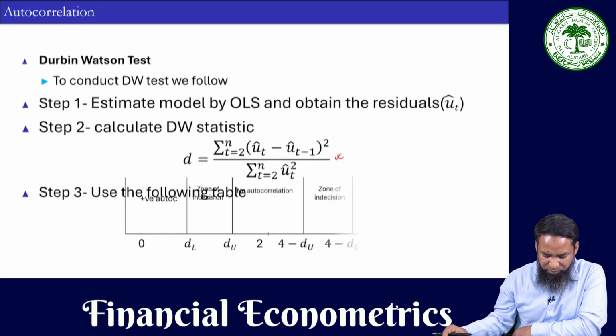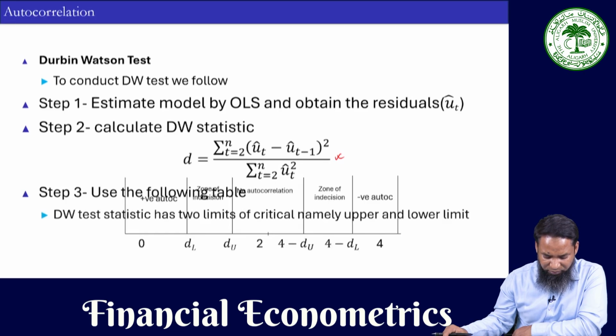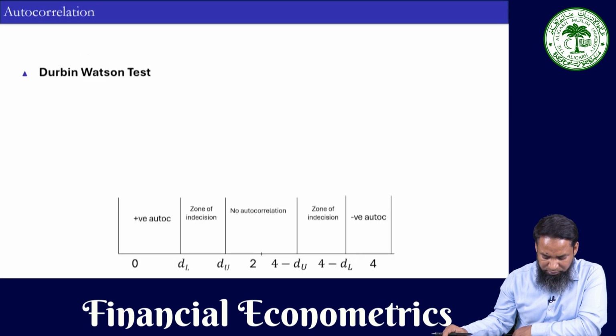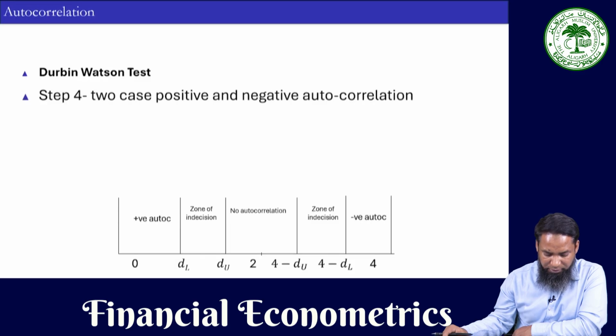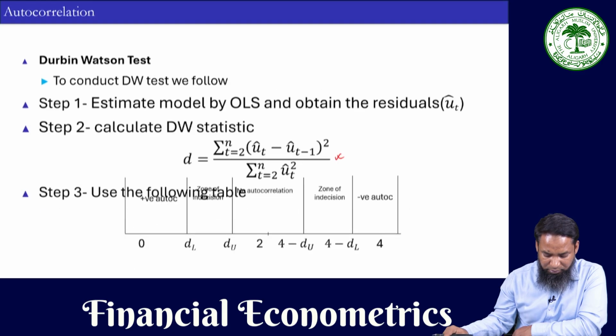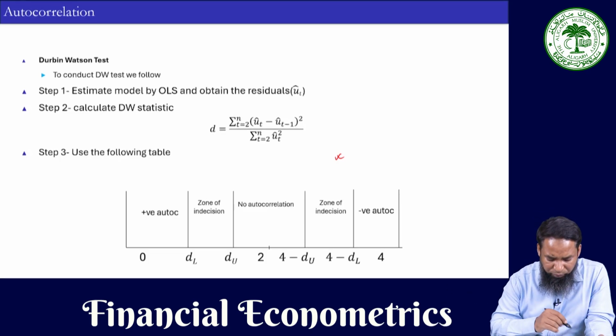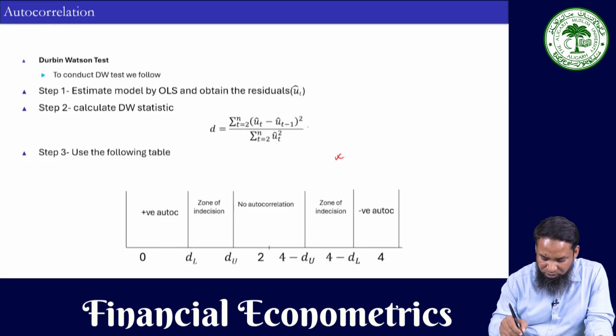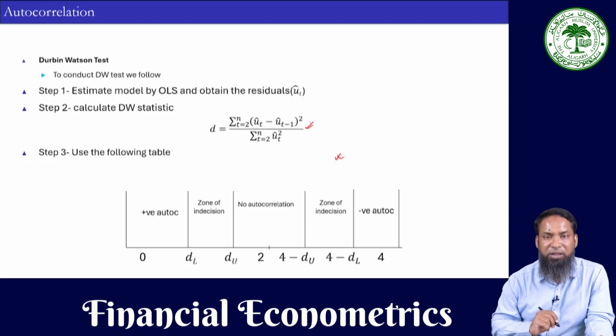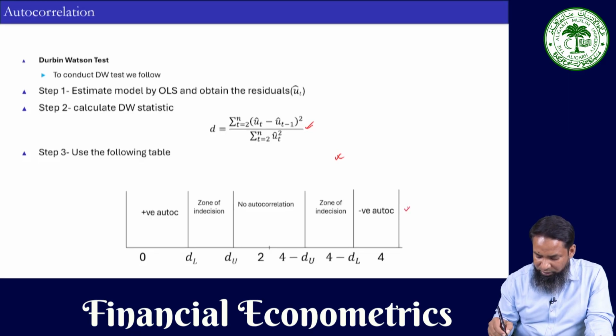In step 2, we calculate the Durbin-Watson statistic using this formula. Once we have estimated that, to make the decision we use this particular table.